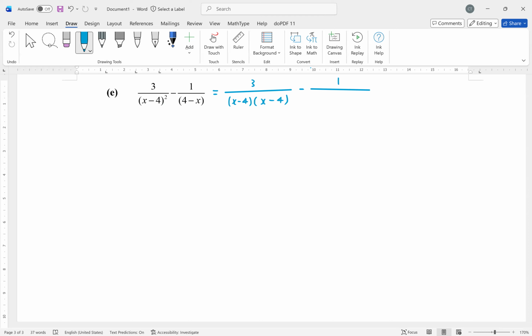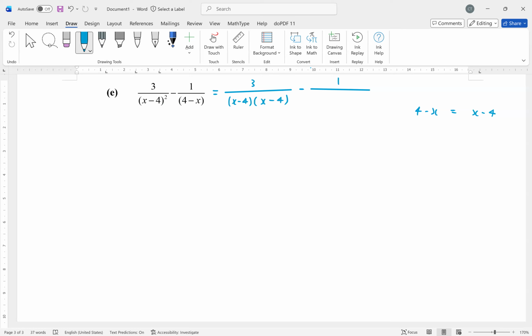Now we need to ask ourselves this question: how is 4 minus x related to x minus 4? They are definitely not equal, right? If you assume x to be a number, let's say 2, 4 minus 2 is not the same as 2 minus 4. One is 2, the other one is negative 2, right?